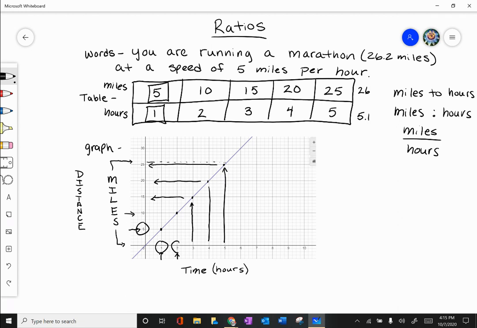At 2 hours, we're at 10 miles. So at 2, we're at 10. And every point where we can tell that the time correlates to the distance, we could write that in the table. And as long as this makes a straight line, we're going to have equivalent ratios, and it'll be a proportionate or proportional ratio.